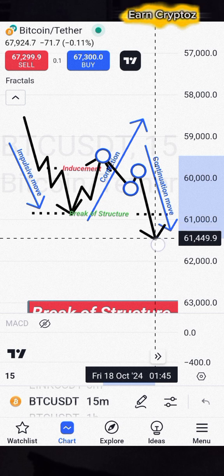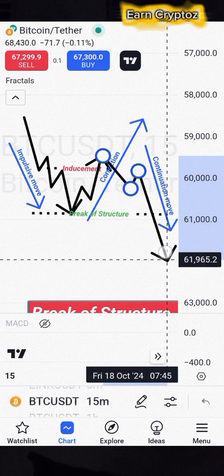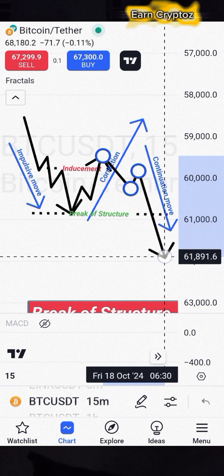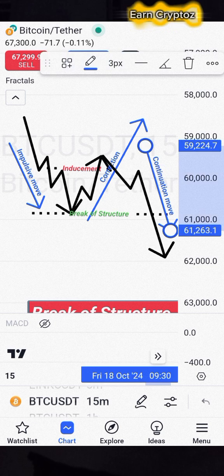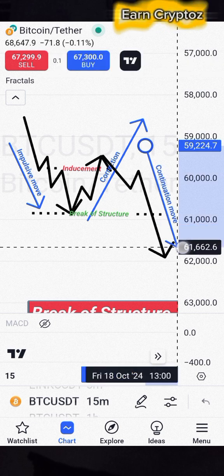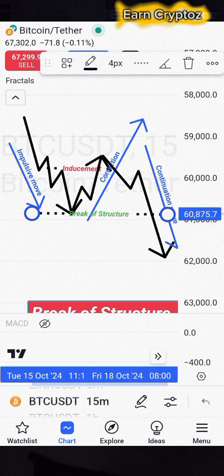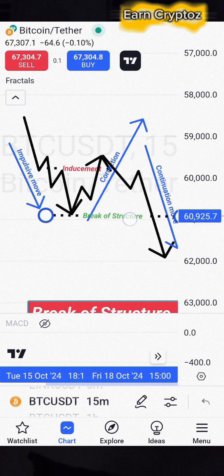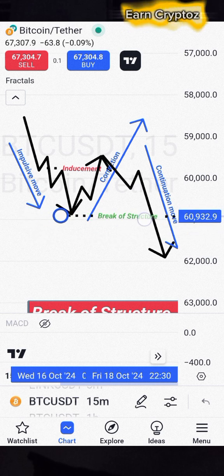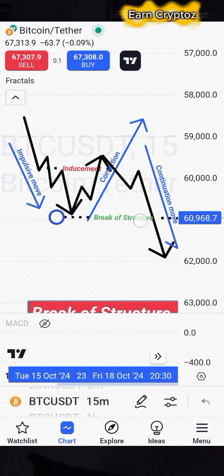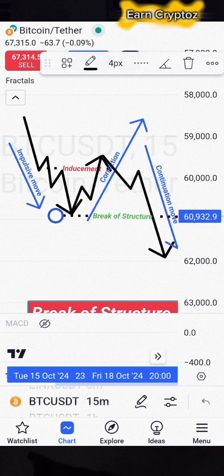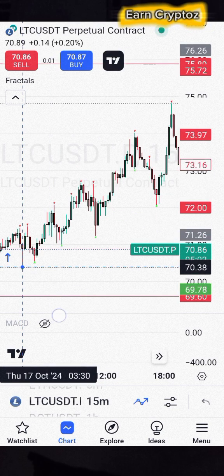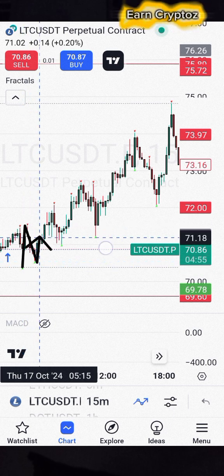Then you can see the continuation move that broke below the first impulsive move. It must break below it. Okay, so that's a continuation move. So after we have the continuation move, that's when we can now identify the break of structure. So you can see the break of structure at that point where the continuation move broke below the first impulsive move.